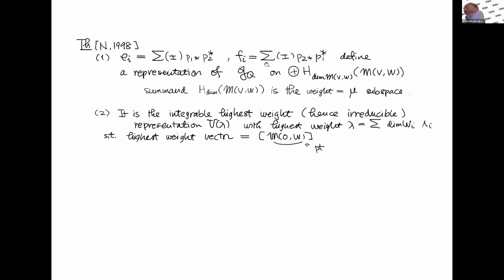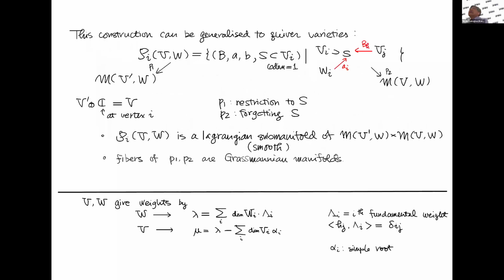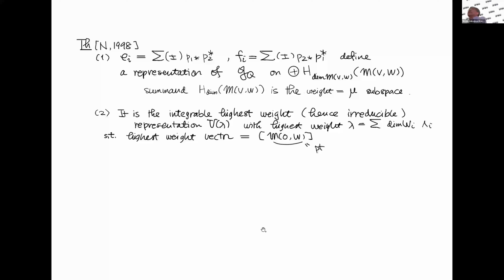These operators E_I and F_I together with H give the integrable highest weight representation V(lambda). And this is classified by the dominant weight, and this dominant weight is lambda, which is given by the dimension of this vector space W. And the highest weight vector is the case when V is equal to 0. So if mu is equal to lambda, it means that this V_I is equal to 0. But if V_I's are all 0, then this quiver variety is just a point because there is no linear map at all.